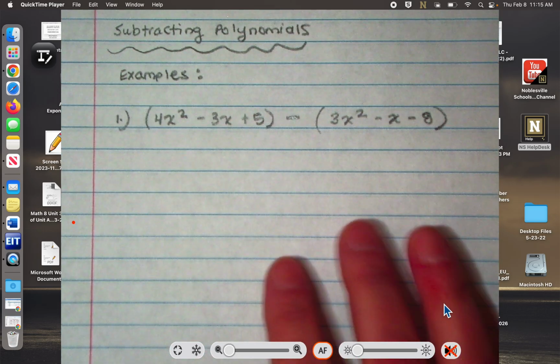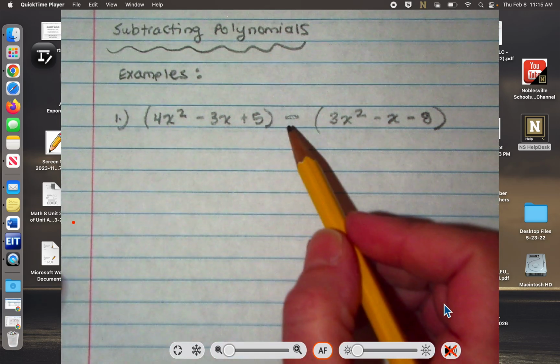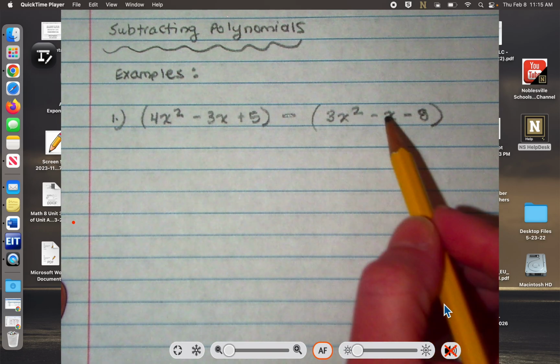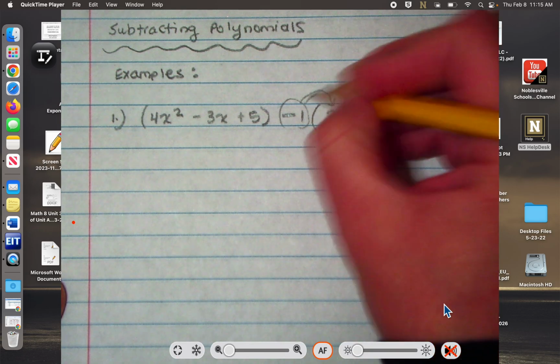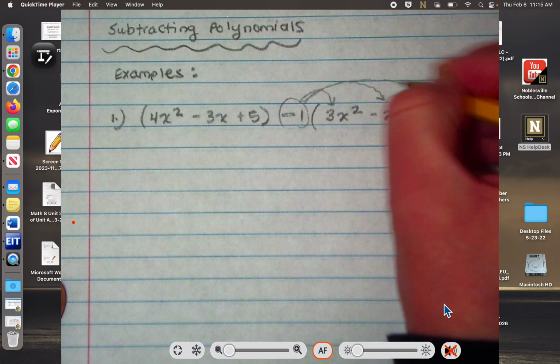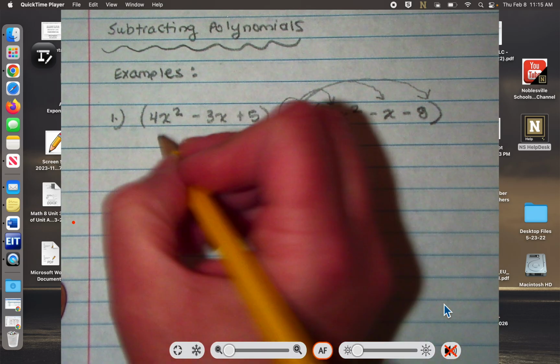Okay, so we're still going to be paying attention to the degrees and the variables to determine what we can and can't combine, but we do have an extra little step. This negative applies to all of these terms, so we have to distribute the -1. By distributing the -1, we are now turning it into an addition problem.